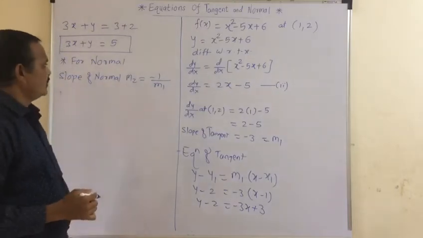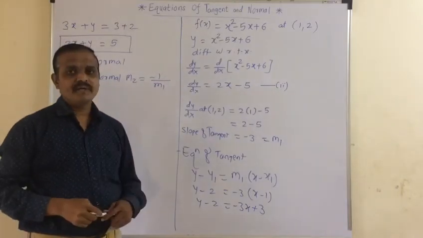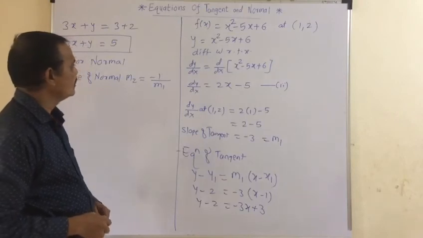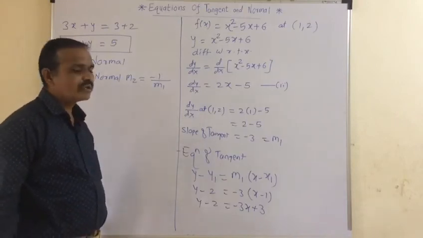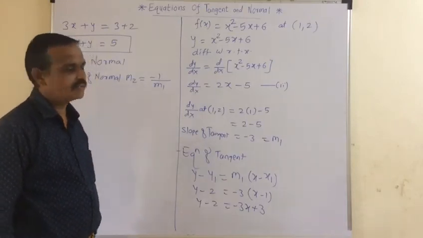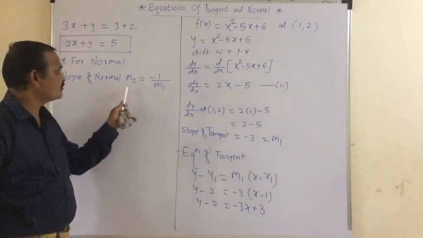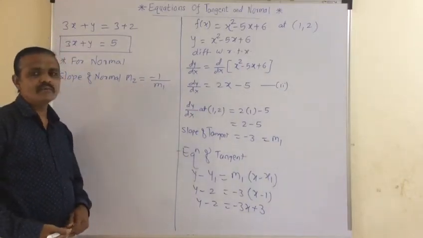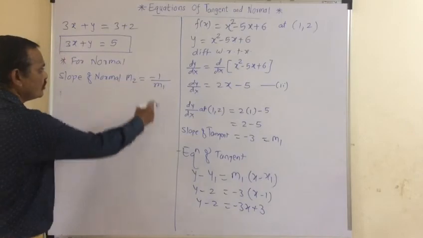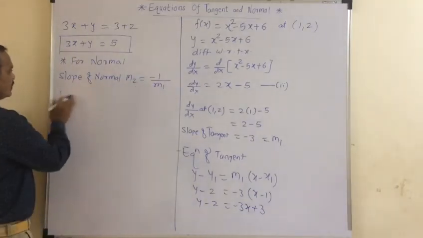As normal is perpendicular to tangent and product of their slope is minus 1. So we get the formula m2 is equal to minus 1 upon slope of tangent.